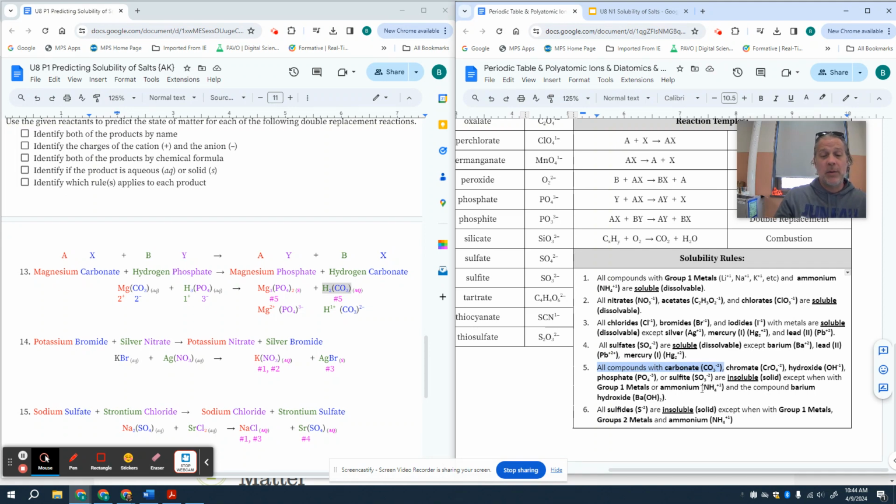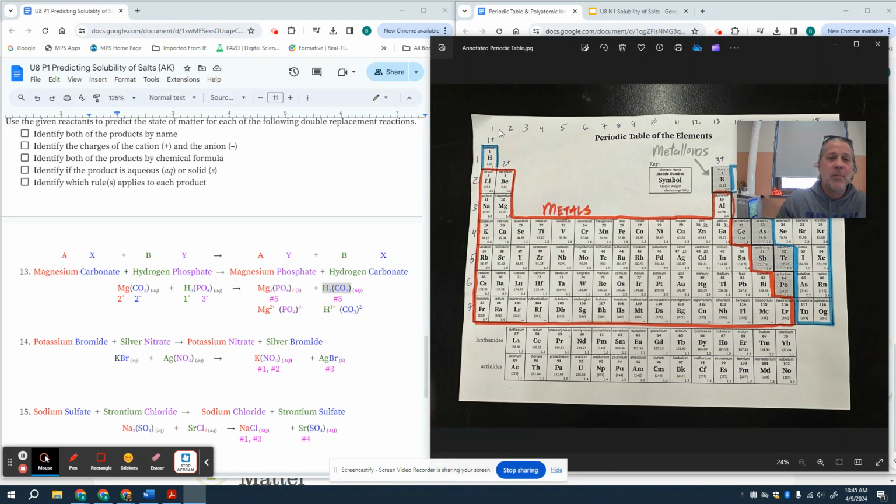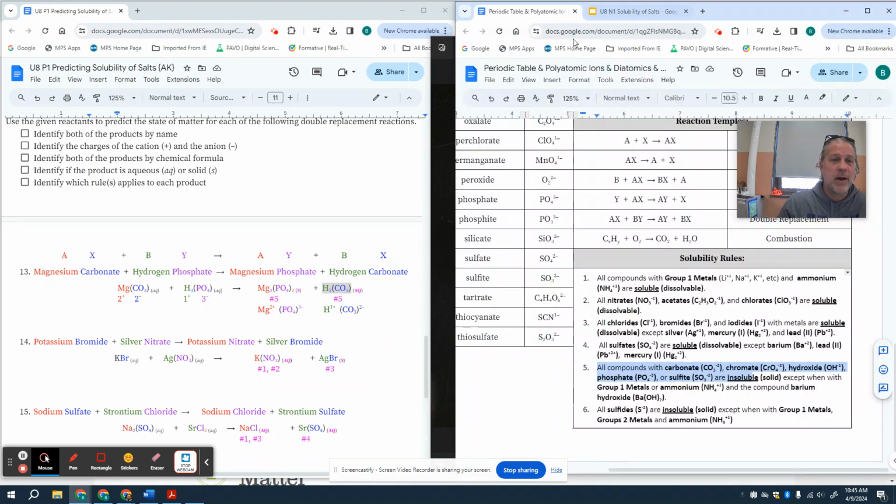So now I have my carbonate, and that rule says all compounds with carbonates, chromates, hydroxides, phosphates, or sulfites are insoluble. And this is insoluble except if they're with group 1 metals or ammonium, and hydroxide and barium hydroxide. So group 1 metals, this is where things get a little shaky, but the reality is that hydrogen oftentimes behaves as a group 1 metal.